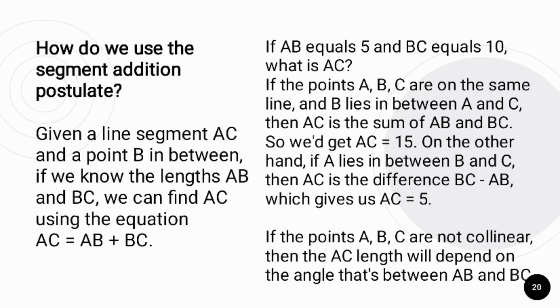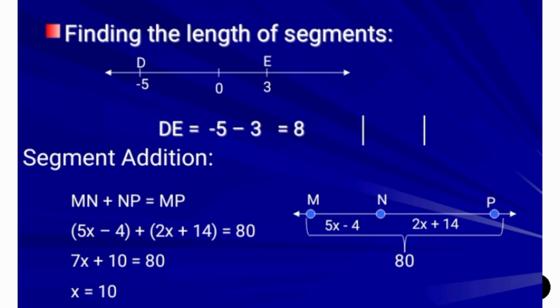On the other hand, if A lies in between B and C, then AC is the difference, BC minus AB, which gives us AC equals 5. If the points A, B, C are not collinear, then the AC length will depend on the angle between AB and BC.